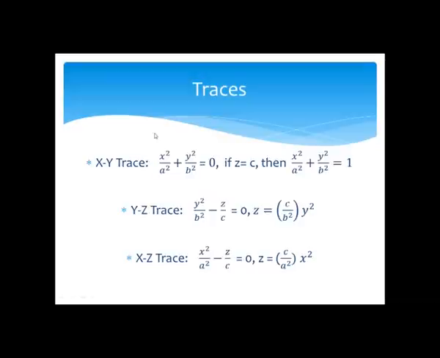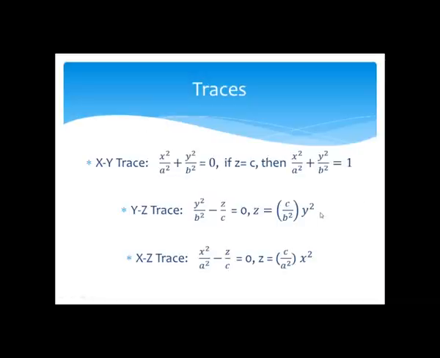So what's happening here, you could imagine, is that at z equals to 0, there is no ellipse, it's just a point. But then for each increasing z value, the x, y trace is an ellipse.